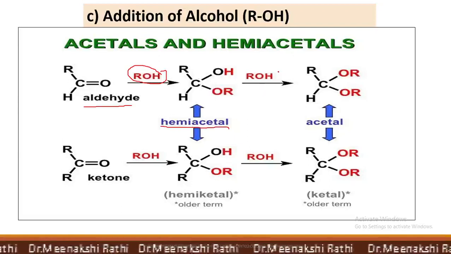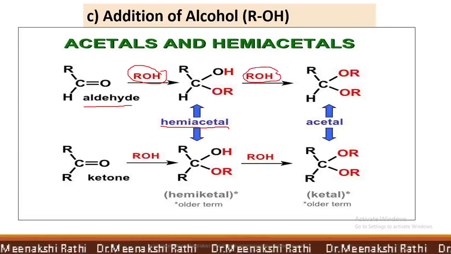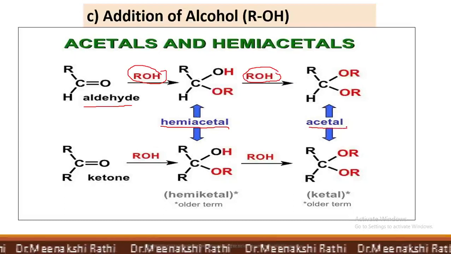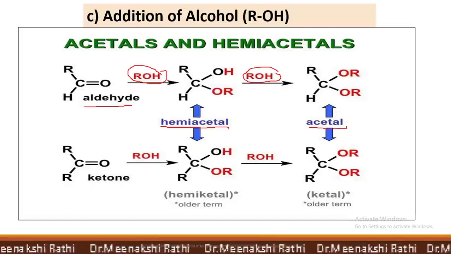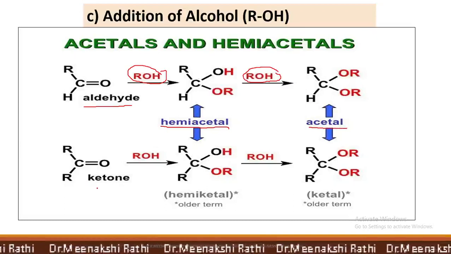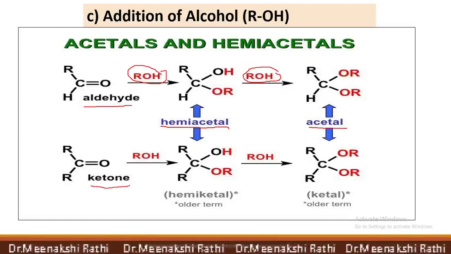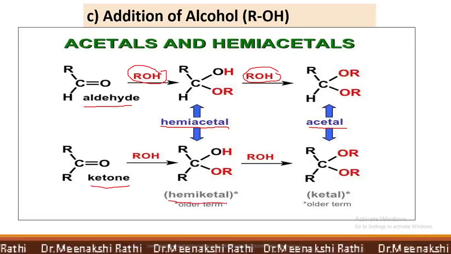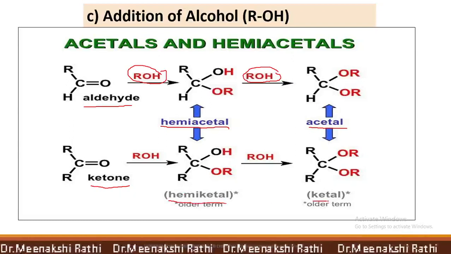Hemiacetal again reacts with a 2nd mole of alcohol and there is a formation of acetal. Initially, if the product is formed from ketone, then it was called hemiketal and ketal.